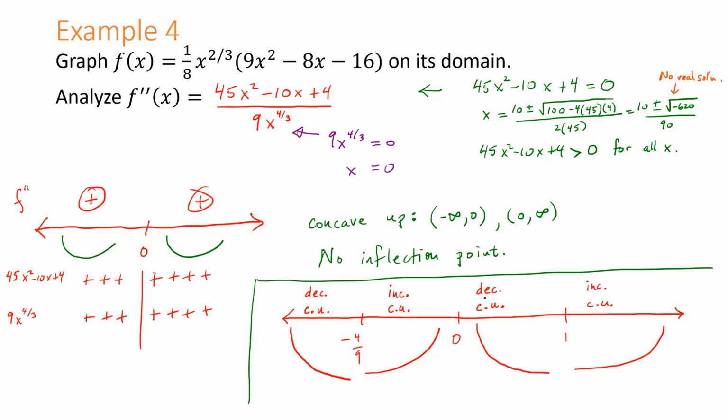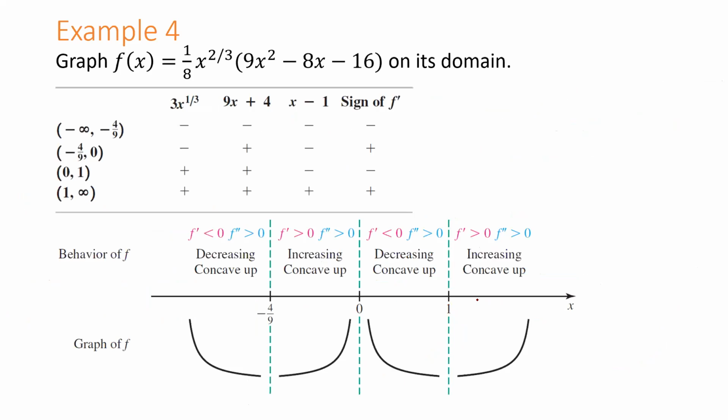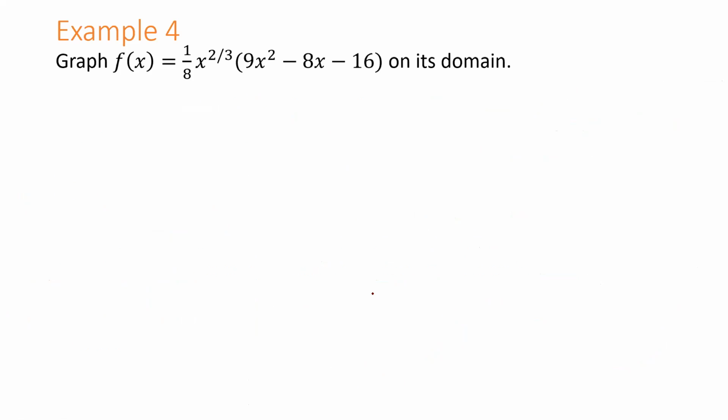And here, let's look at what the graph might potentially look like. Maybe I'll quickly just get those key points that we had. F of 0 is 0.